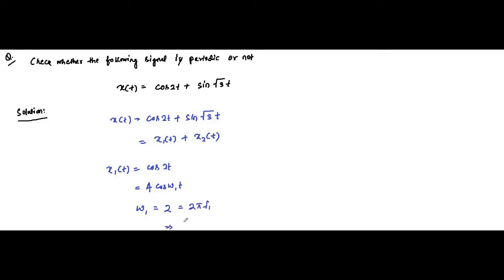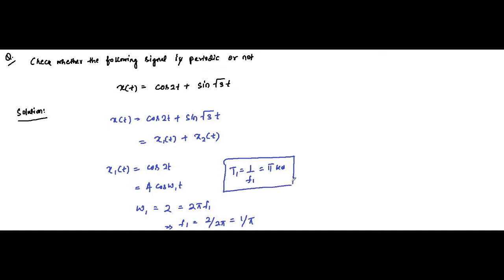That implies f1 is equal to 2 by 2 pi, which is equal to 1 by pi, and T1 will be equal to 1 by f1, which is equal to pi seconds. This is the time period of the first signal.